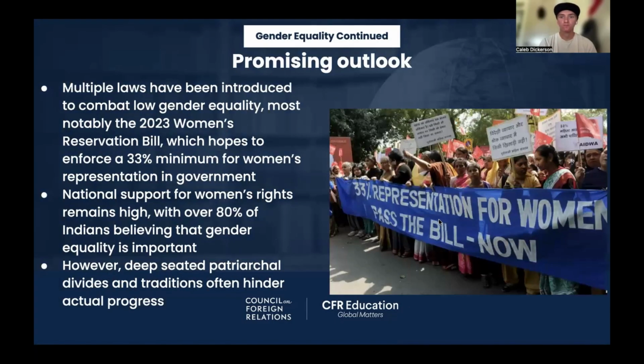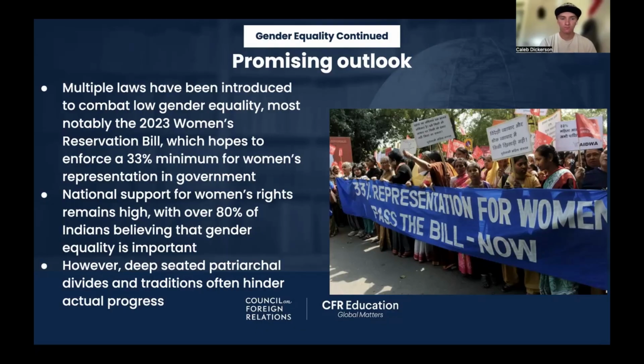However, to continue, there is a more promising outlook regarding this. There are multiple laws that have been introduced to combat low gender equality, as I've stated before, most notably the 2023 Women's Reservation Bill, which hopes to enforce a 33% minimum for women's representation, which includes all forms of government and bureaucracy in India.